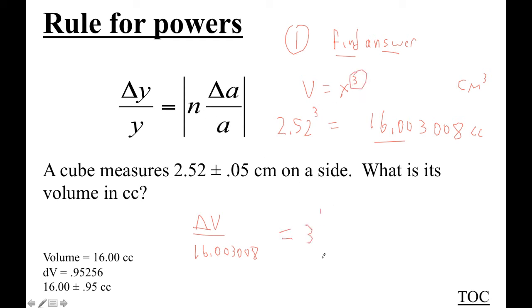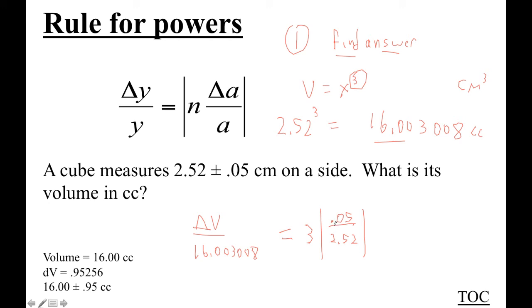So 3 times the absolute value of the uncertainty of a, which is 0.05, divided by 2.52. Okay, so are we ready for this? Let's go, 3 times 0.05 divided by 2.52, right?